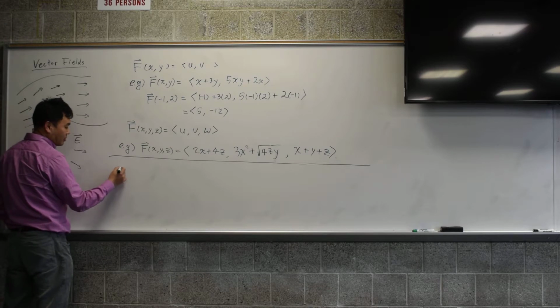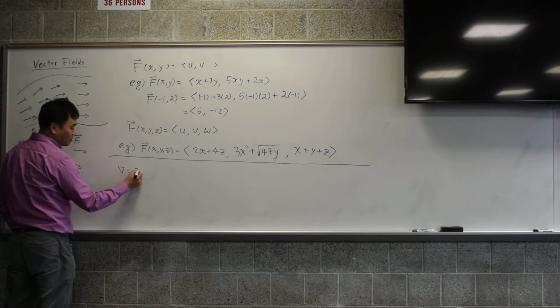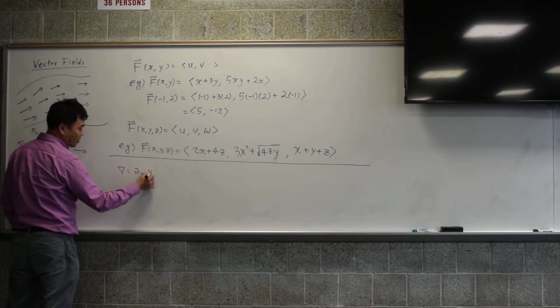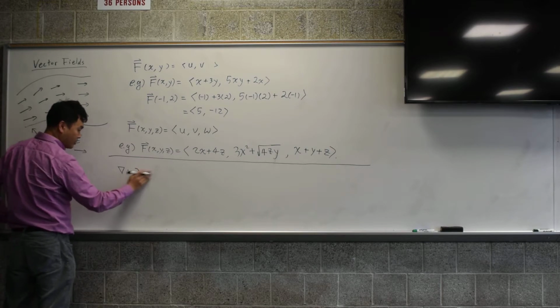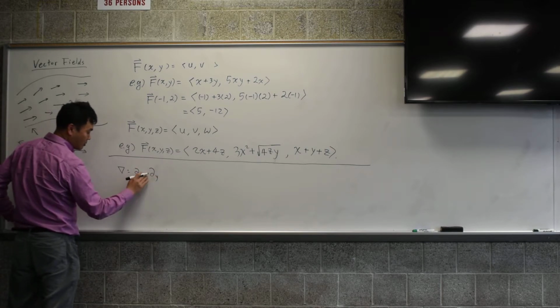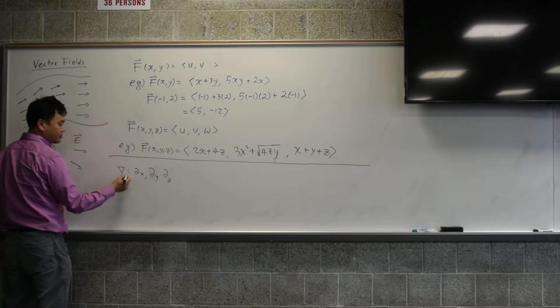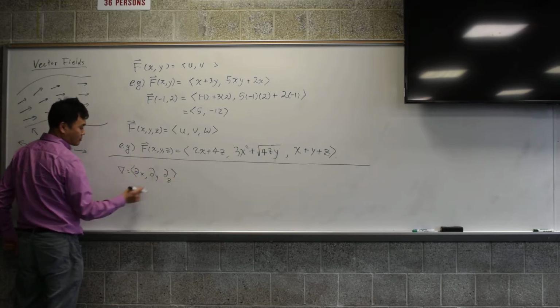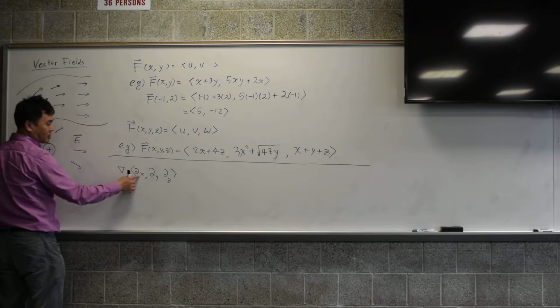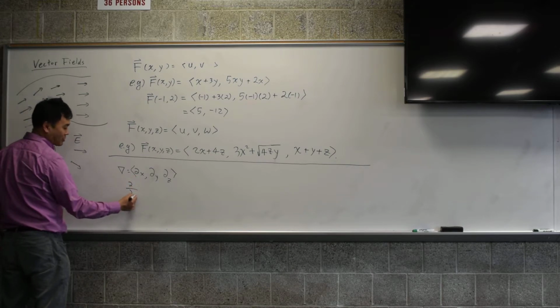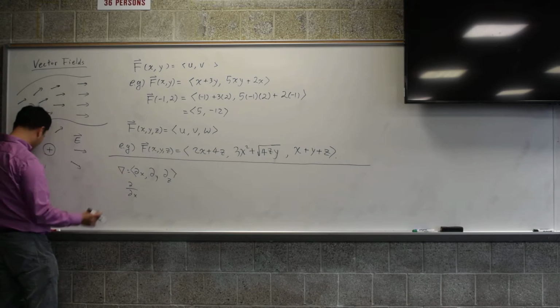Recall that nabla is round x, round y, round z. Instead of writing round x, I just wrote this simpler notation. It's the same thing.